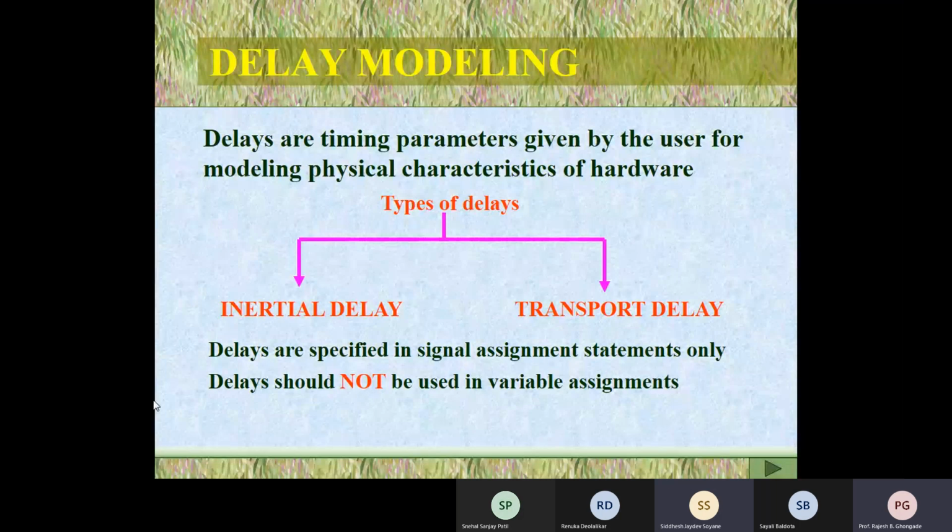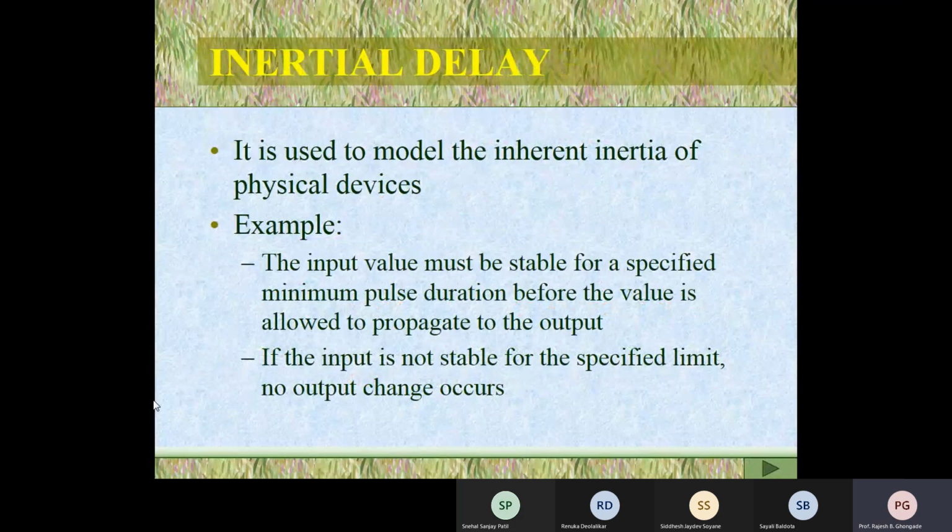So there are different types of delay mechanisms, or let us say models: inertial delay and transport delay. Delays are specified in signal assignment statements only, and delays should not be used in variable assignments. Please remember this. So what is inertial delay? It is used to model the inherent inertia of the physical device.